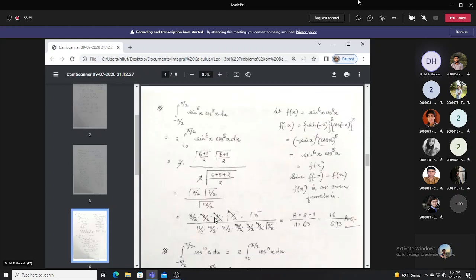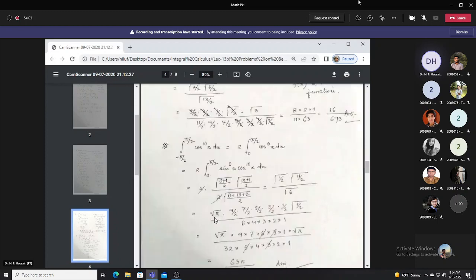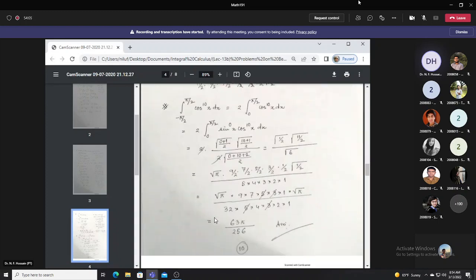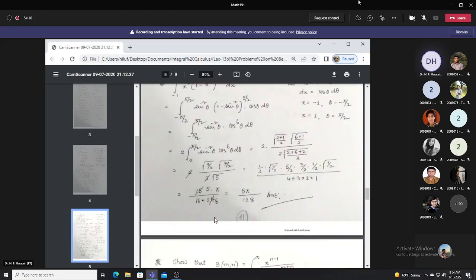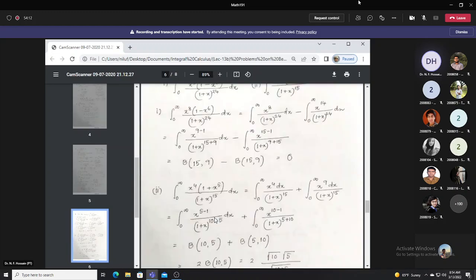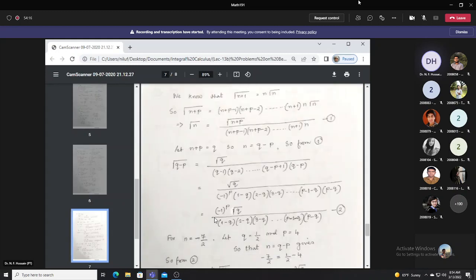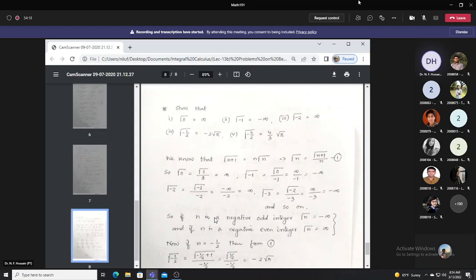I think you can do the rest of this math by yourself. Please go through it. I am not taking this file again in our next class. These problems are not so hard. You can do it by yourself. In the next class, we will start from tangents and normals.